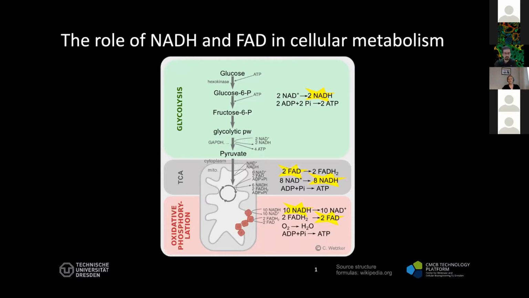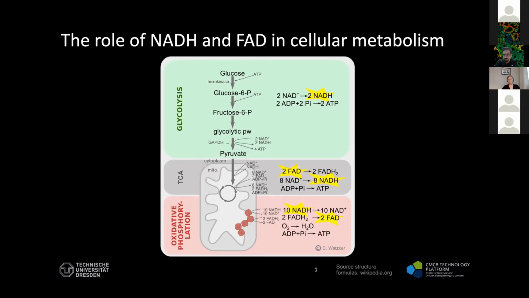Now during oxidative phosphorylation, in the red part at the bottom, these reduced coenzymes are further processed in a series called the electron transport chain. They become oxidized, and their hydrogen atoms are separated into protons and electrons, in order to generate a gradient across the inner mitochondrial membrane.